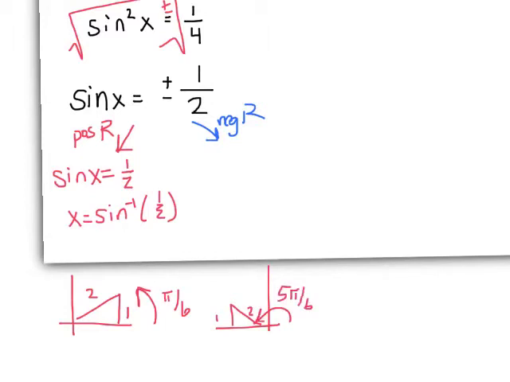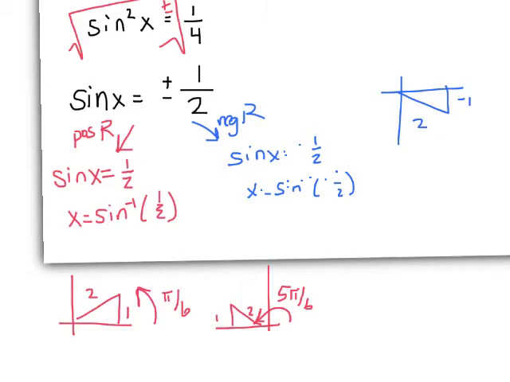So far I've got 2 answers going on. Let's check out sine x equals negative 1/2. So x equals sine inverse of negative 1/2. So that's negative pi over 6, and 7 pi over 6.